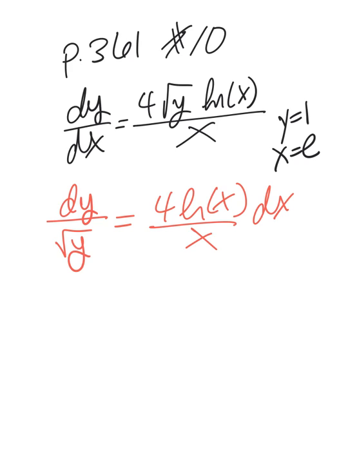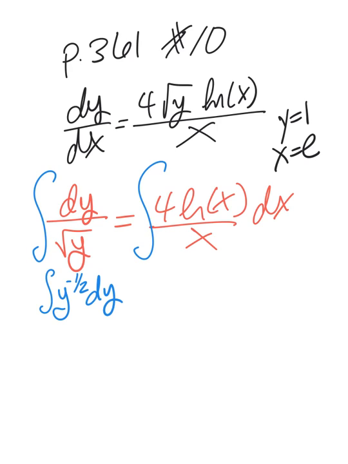Now, what's next? Integrate. There is work on both sides of these that you have to do. Let's do the left side first. What did I always tell you guys to do with square roots or anything in the denominator? Don't fight it, rewrite it. So really, this is y to the negative 1/2 dy.